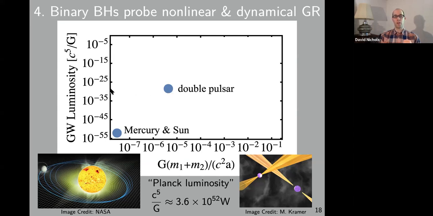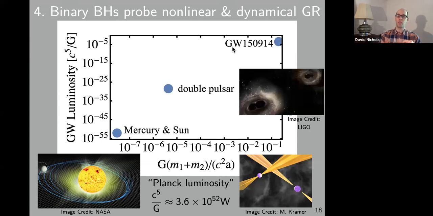So in terms of their Planck luminosity, it still looks small, but they're radiating a luminosity in gravitational waves roughly equivalent to the optical luminosity of the Sun. But these gravitational wave systems, like the first event that LIGO and Virgo detected, are systems radiating close to the Planck luminosity. So one will be able to probe some of these very strong luminosity effects that just really aren't feasible from other kinds of experiments.